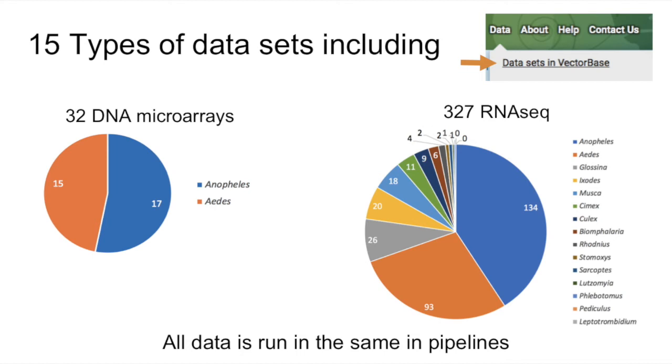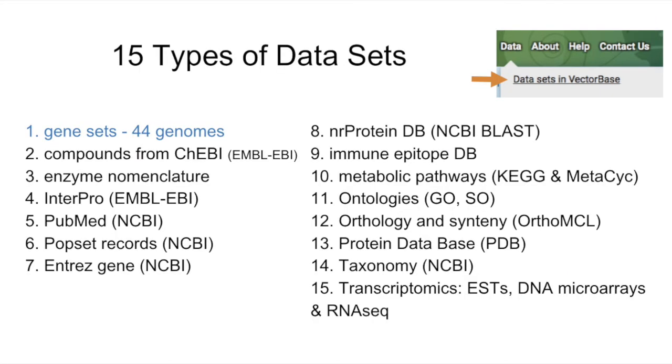So what is the difference between having these datasets here and in NCBI or EBI? We have all this data that has been generated in a lab and we run it under the same pipeline, and that's how you can use the strategy system, because you are interrogating real data generated under many different experimental conditions. These are all the other 15 types of datasets.